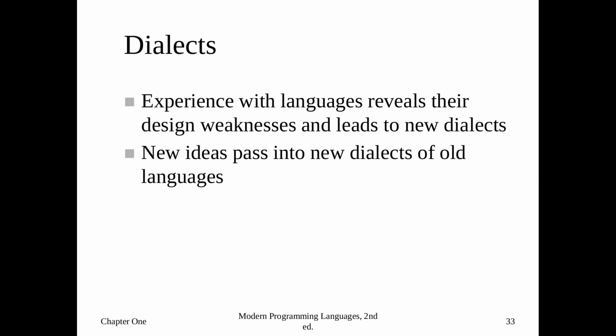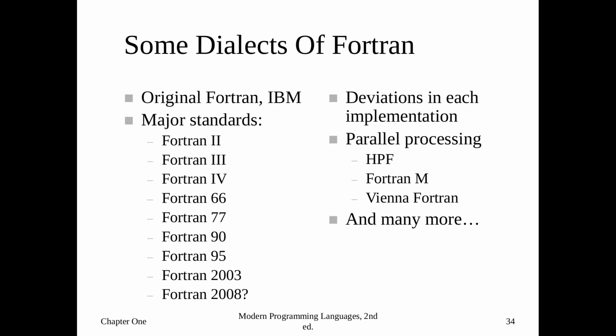Dialects, as I mentioned, there's all sorts of different dialects. That's how old languages become new. Fortran, as I said, is probably still the most widely used scientific language. It's been around forever in the world of computing.